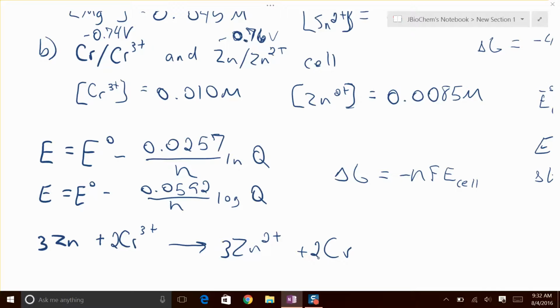Since delta G is in kilojoules, can we convert F to kilojoules, since it's in joules? You could convert to kilojoules. Yeah, you could do that. Just make sure all your units match. That's the main thing. And then E and E naught are in moles, is that what you said? In volts.